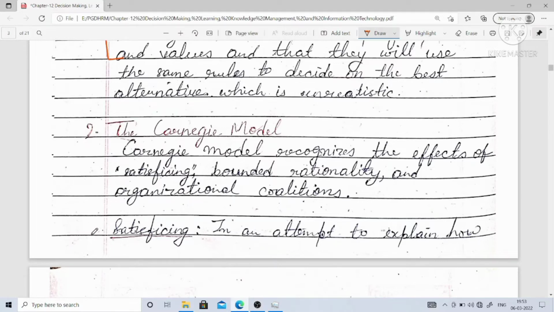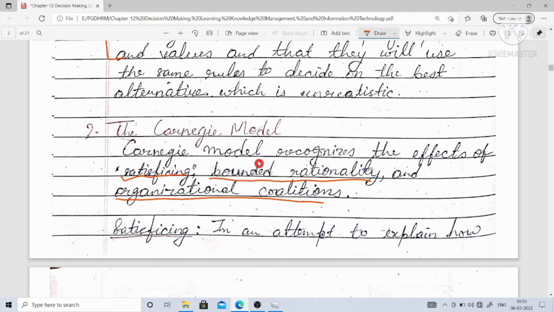The Carnegie model recognizes the effects of satisficing, bounded rationality and organizational coalitions. So now you see, some criticisms of the rational decision making model can be overcome by this model. I will explain the meaning of satisficing and bounded rationality, and organizational coalition. So this model recognizes these things.